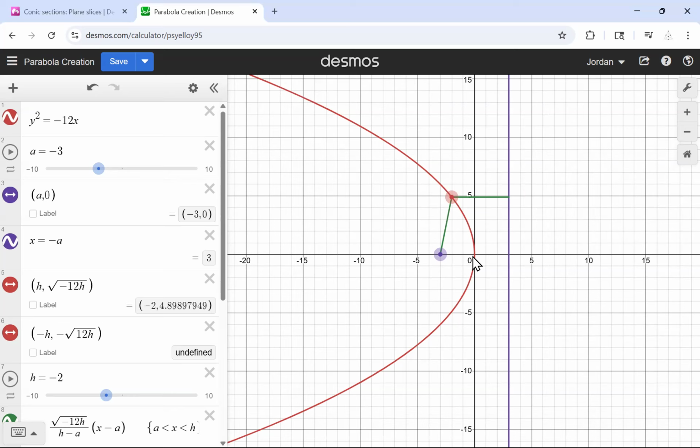And because it's in the interior, we have to move 3 units to the left. And therefore, the directrix is also 3 units from the vertex, or 3 units from, in this case, the origin. We have to move in the opposite direction. So the directrix is this vertical line, x equals 3. The focus is the point -3, 0. And I've done the calculations here.